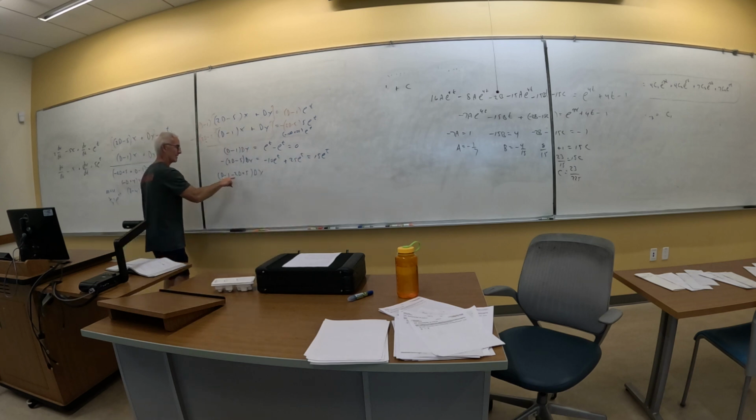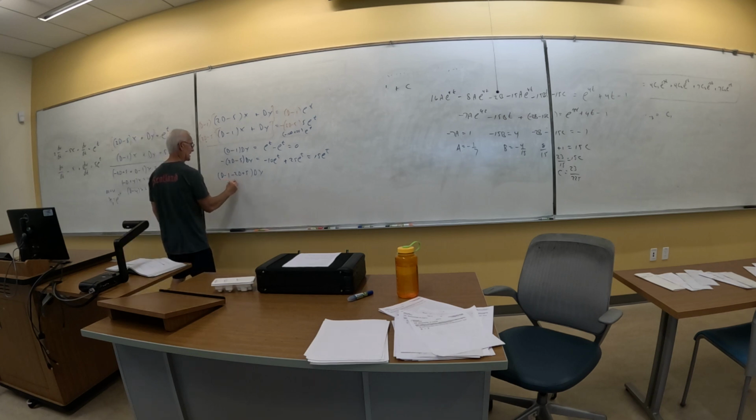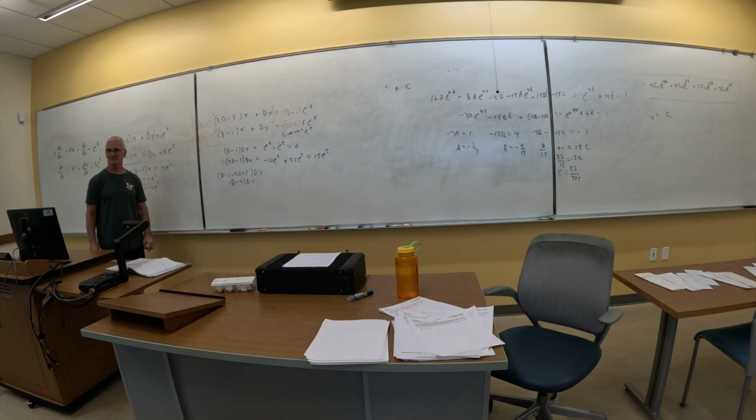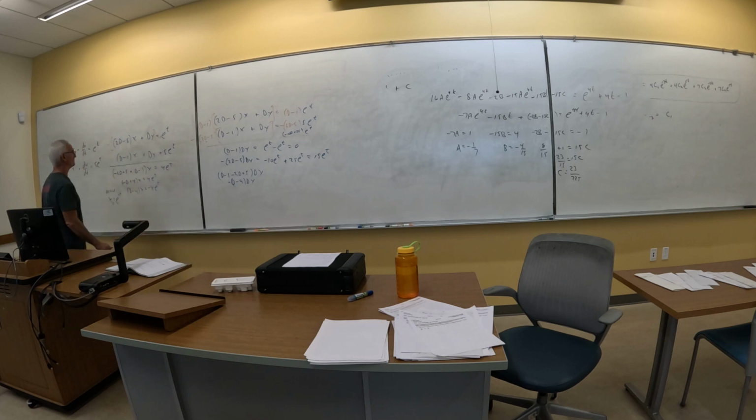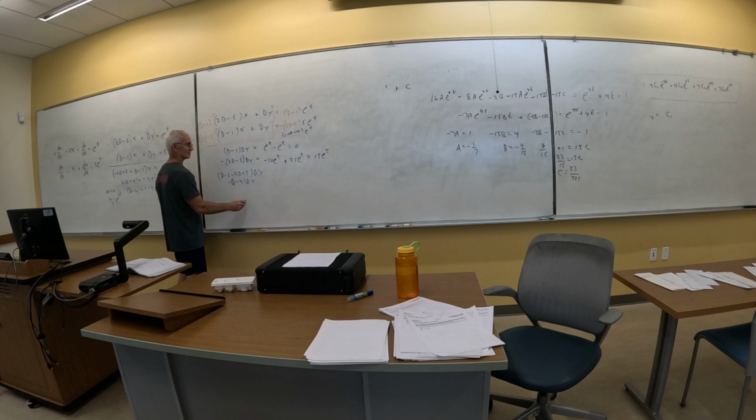Now, this is the negative of d minus 4 dy. M minus 4, equals 15 e to the t.